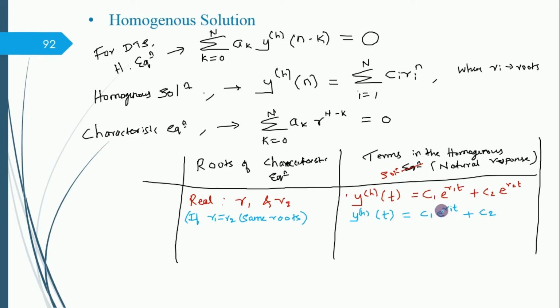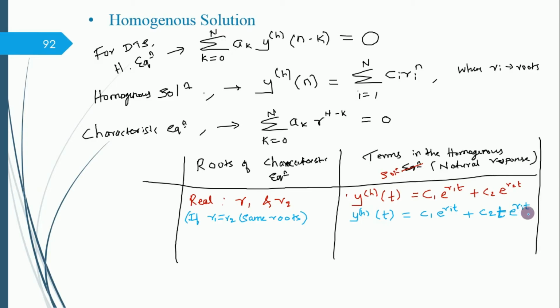If you write it here, that will not be the second term of the homogeneous solution. You should have written it as t into e raised to r1t. These are the standard form.